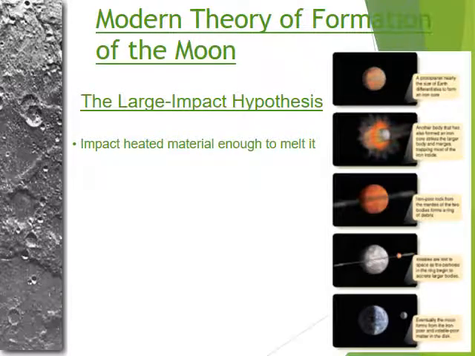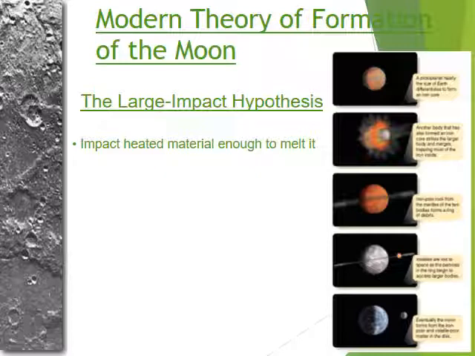Okay, so within our module, where we're dealing with the solar nebular theory, there's also another theory, and that has to do with the formation of the moon. How did the moon form? In the past, as your book describes on page 180, there were a couple of different hypotheses: the fission hypothesis, the condensation hypothesis, the capture hypothesis.